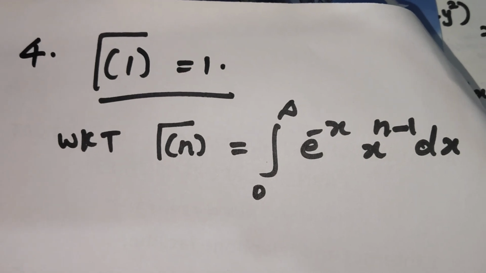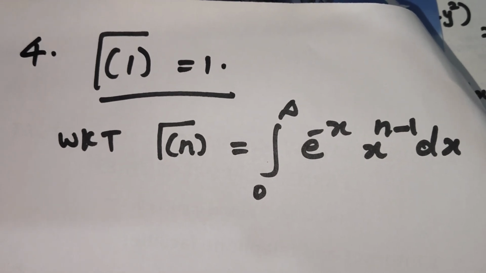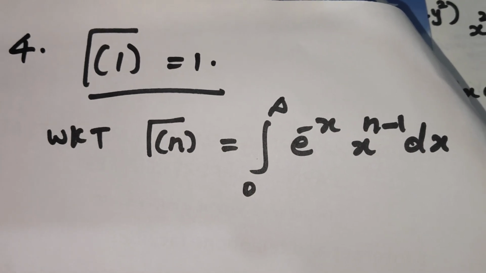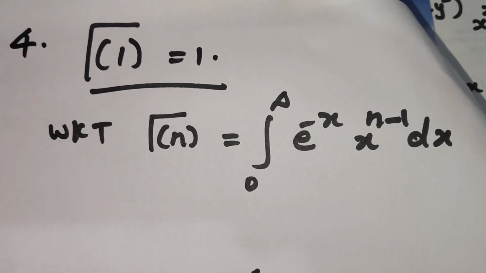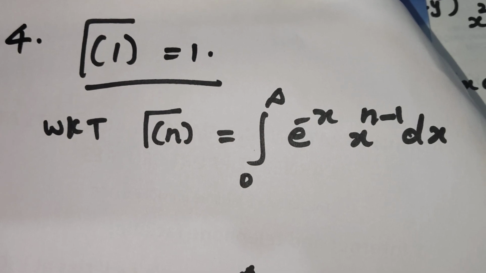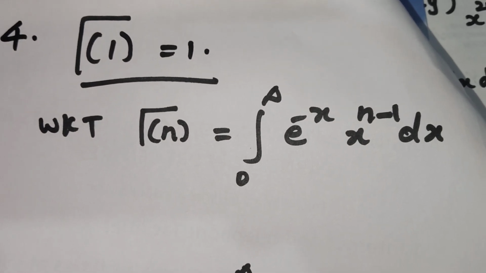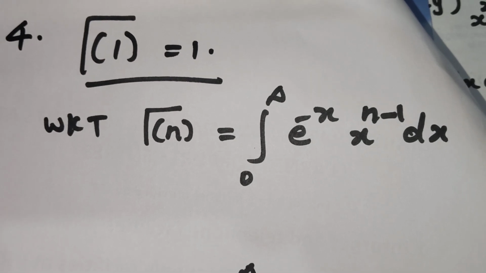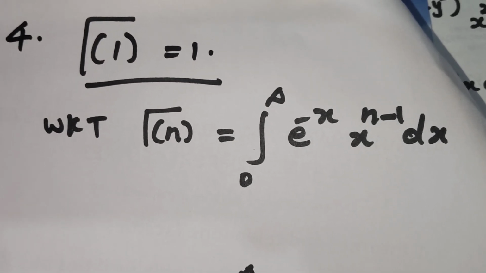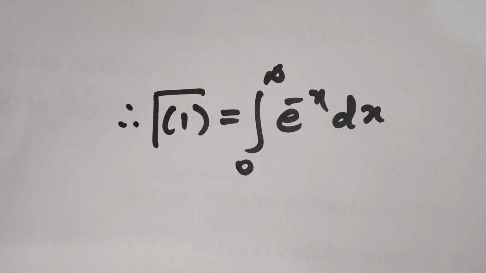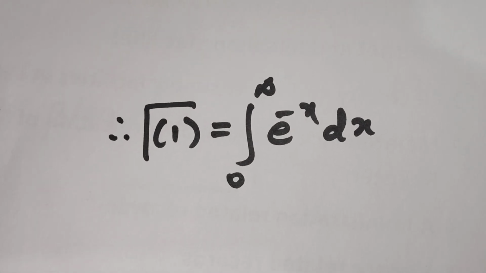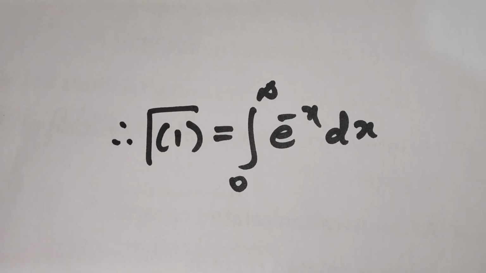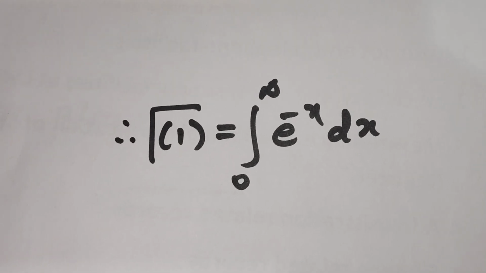Now, another property in beta and gamma functions: gamma of 1 is equal to 1. It's a very simple property. By definition of gamma function, we know that gamma of n is equal to integral 0 to infinity e power minus x, x power n minus 1 dx. Therefore, put n equal to 1, we get gamma of 1 is equal to integral 0 to infinity e power minus x dx.